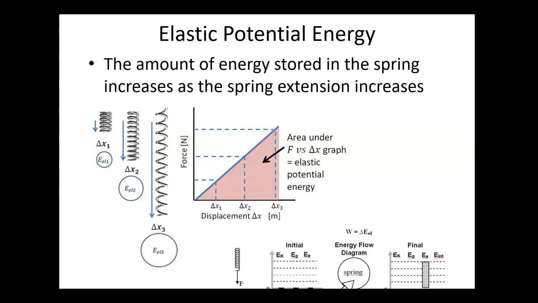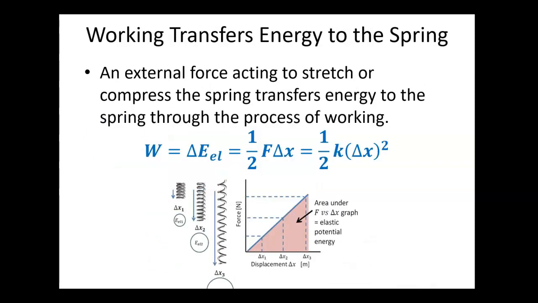The slope of this graph is the spring constant, K. And the area under this graph equals the amount of elastic potential energy that is stored in the spring. So the external force that is pulling the spring to stretch it is doing work on the spring, and that work transfers energy into the spring, causing elastic potential energy to be stored in it.